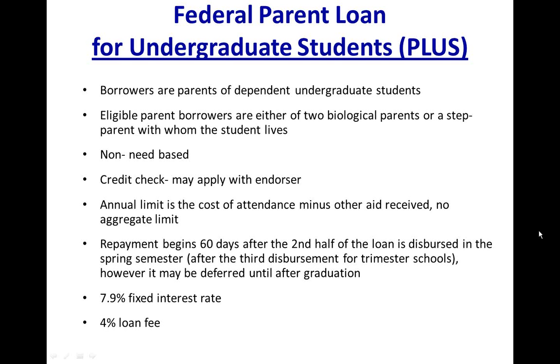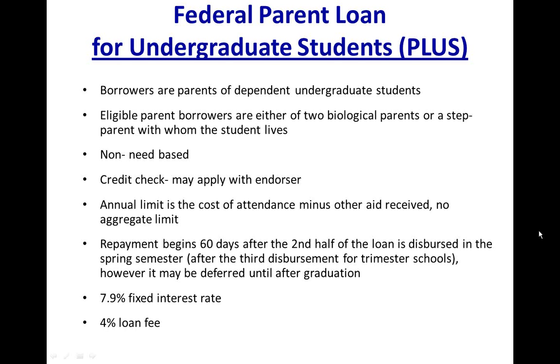There is a credit check that the Department of Education runs to see if the parent qualifies. If the parent is experiencing some credit difficulties, they may apply with an endorser, which is kind of like a cosigner. The annual limit is the cost of attendance minus other financial aid received. There is no aggregate limit.